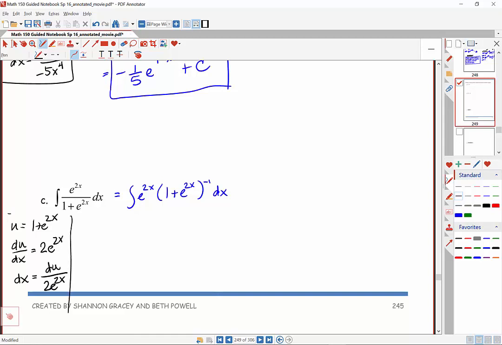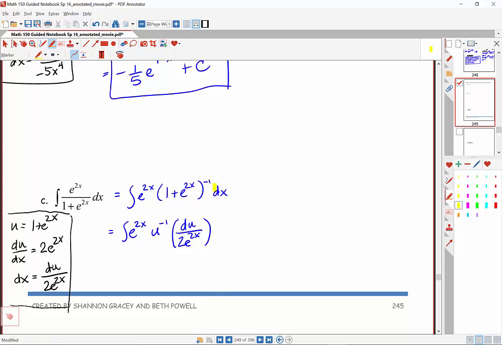So plugging in what we've done, we'll have the integral of e to the 2x times u to the minus 1, and then times du over 2e to the 2x.